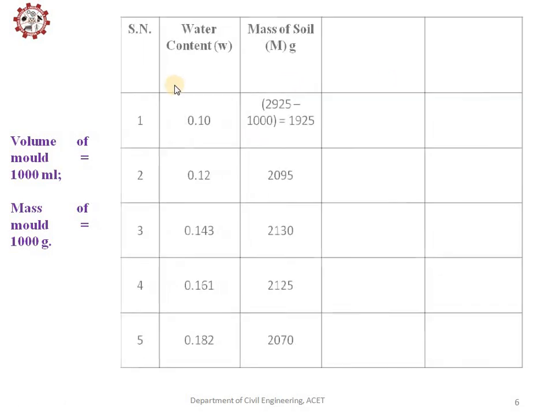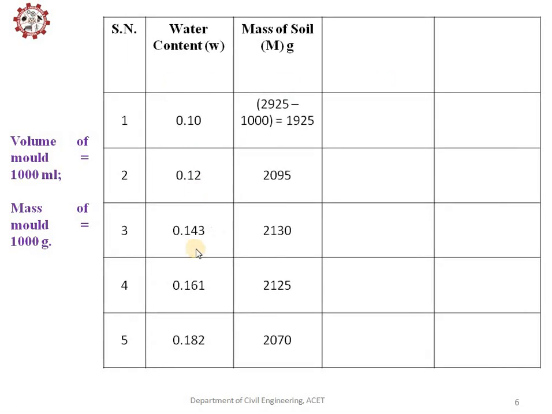So that will be 0.1, 0.12, 0.143, 0.161, 0.182. And the mass of mold plus soil, as it is given to us, is 2925, minus the mass of mold 1000 grams, so it comes to 1925. Similarly, the rest are calculated by subtracting the mass of the mold from the mass of the soil.